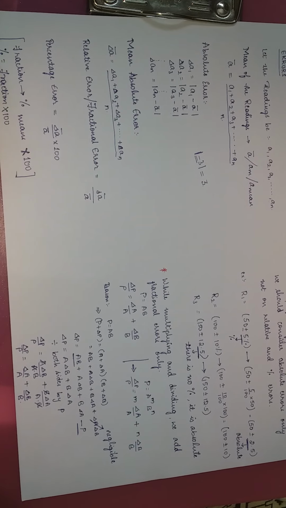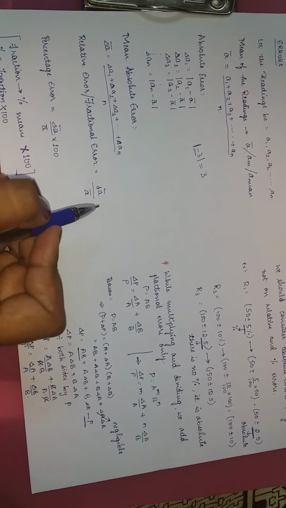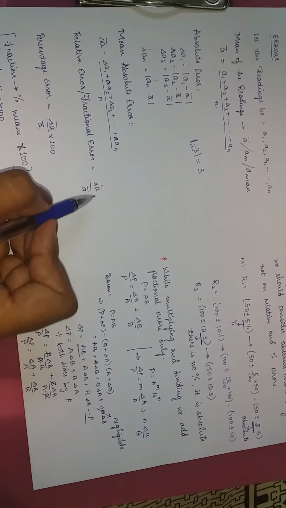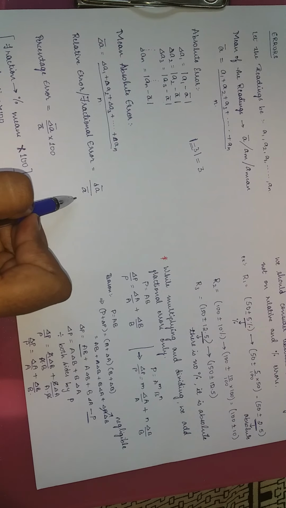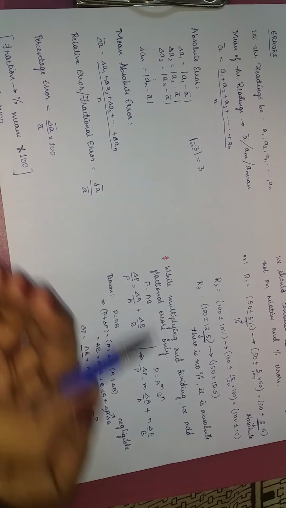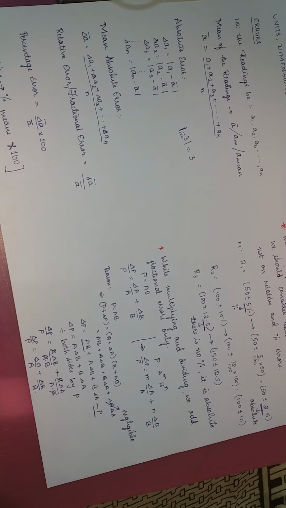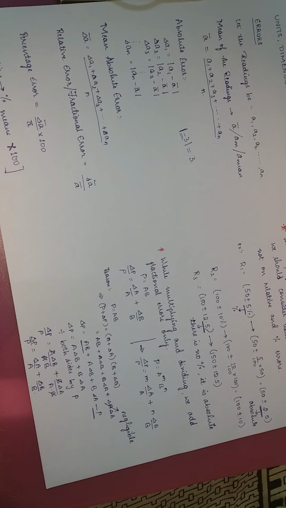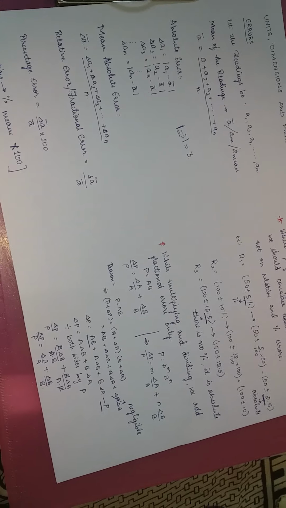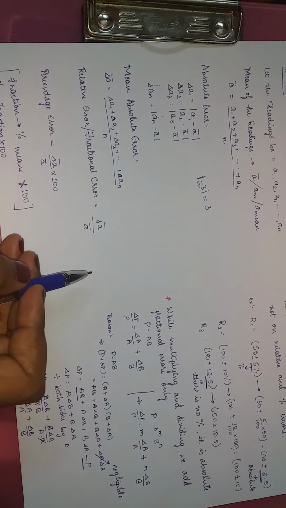Now coming to relative error or fractional error, this is a formula where you take the mean absolute error divided by the mean of a mean. So the relative error is a ratio between the mean absolute error and the mean value of the quantity that you are measuring. So this is the relative error.